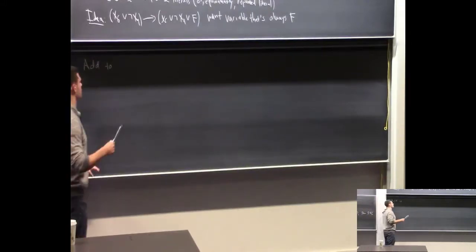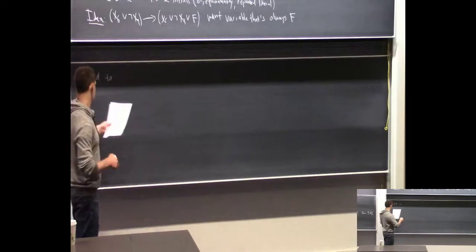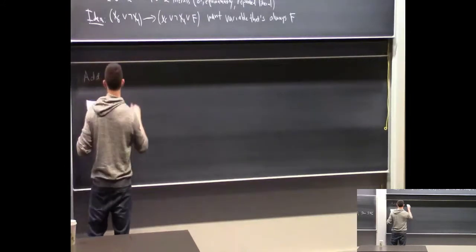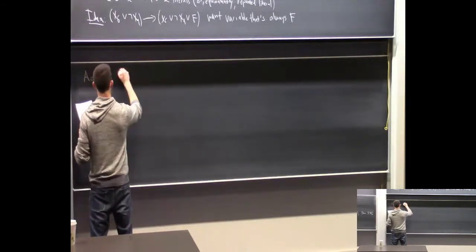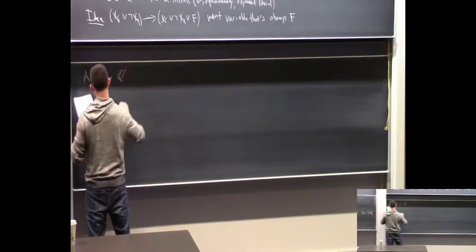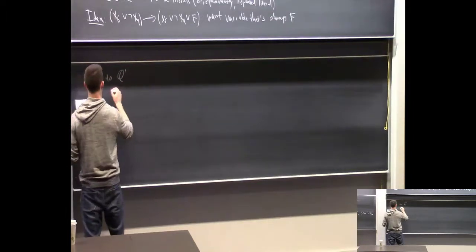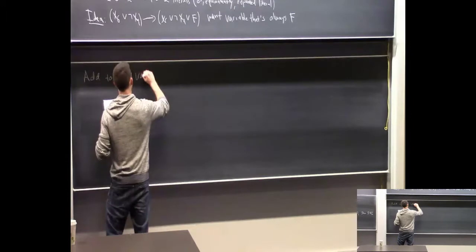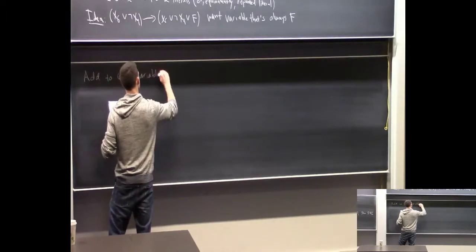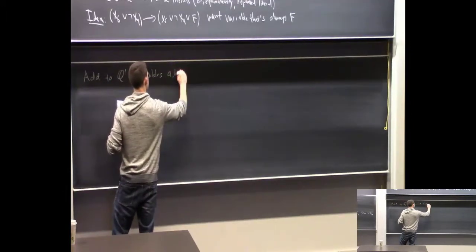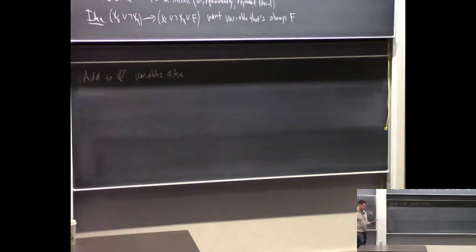Let's think about it that way instead. So we're constructing phi prime from scratch, and so we're adding these things to phi prime. And so what are we going to do? We're going to add variables A, B, C, new variables A, B, and C. And then we're going to add some clauses.